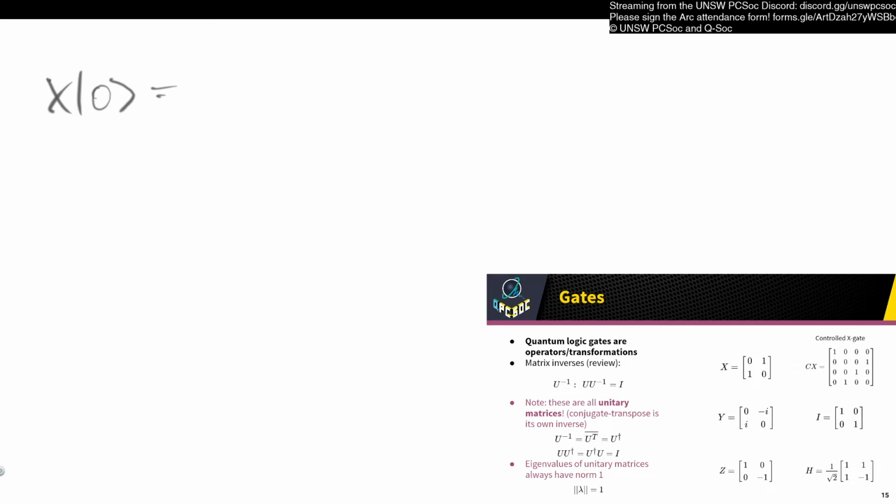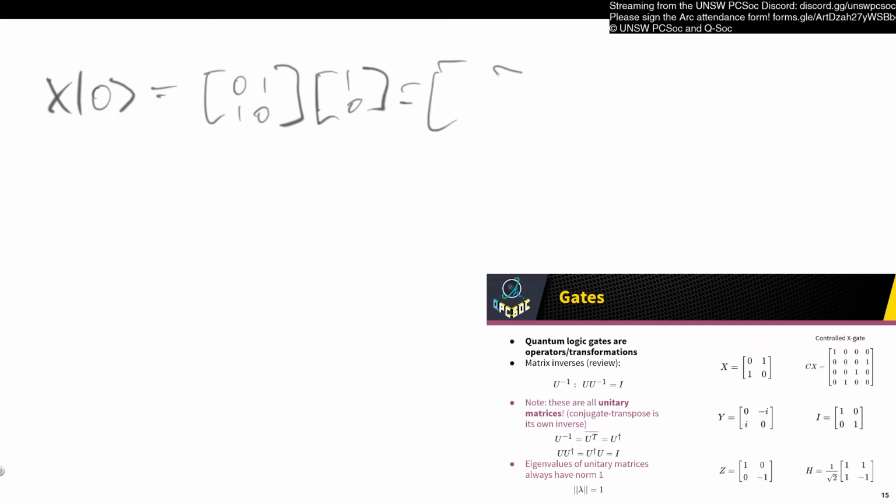So I'm going to prove to you that I'm not lying. The X gate on 0: according to the matrix representation, it's equal to the matrix [0, 1; 1, 0] applied to the vector (1, 0).